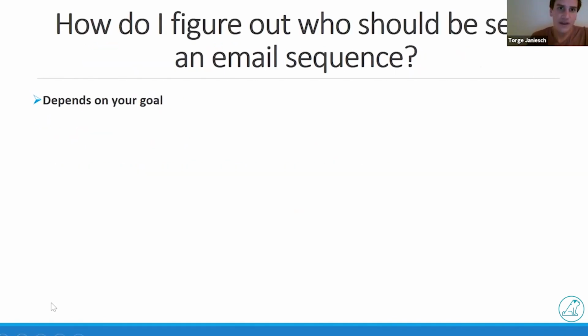So how do I figure out who should be sent an email sequence? Well, that's a good question, and it depends on your goals. Honestly, in a perfect world, I would say you should target everyone, but it can get complicated.